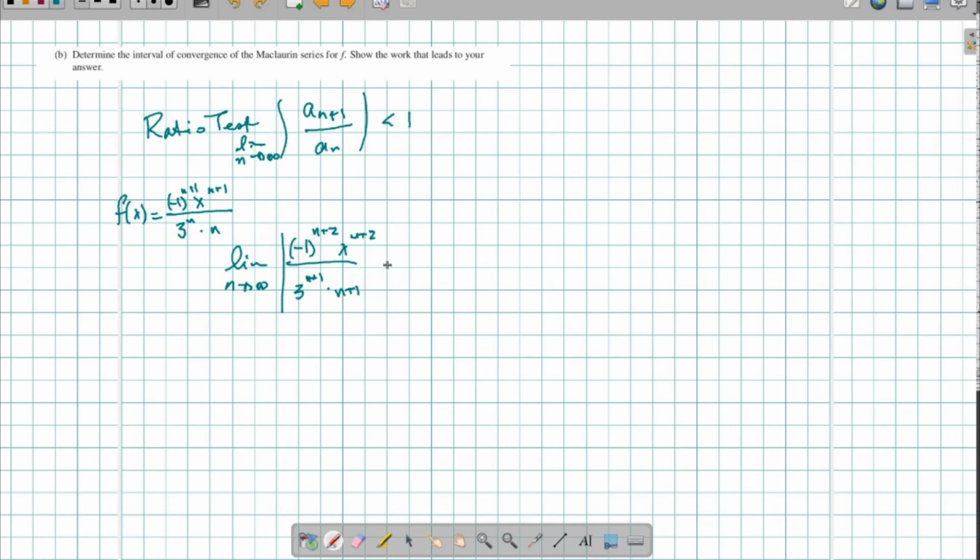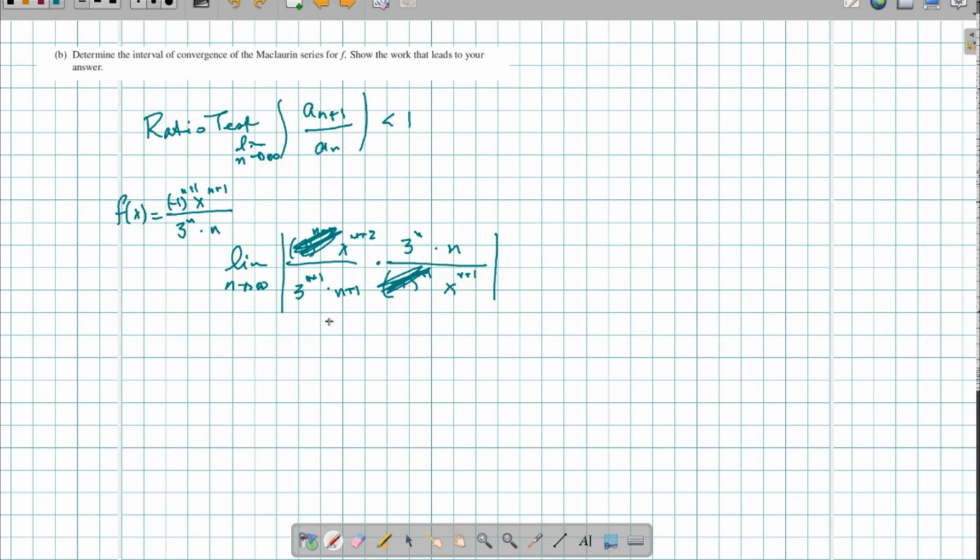And this is all divided by, so I'm going to multiply by the reciprocal. I'm going to have negative 1 to the n plus 1, x to the n plus 1, over 3 to the n times n. And of course, because I've got the absolute values, these don't really matter. What matters is this value of x here and this value of x here.